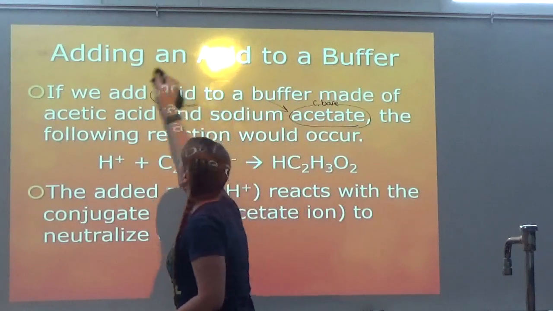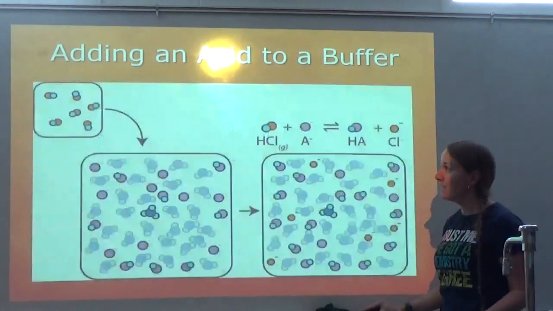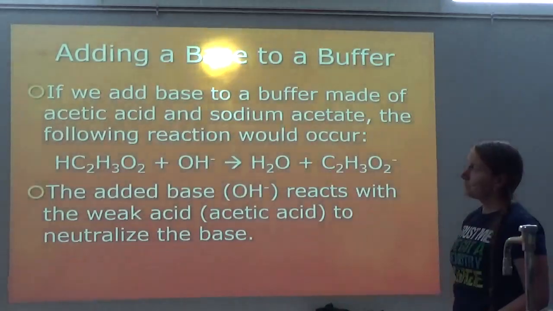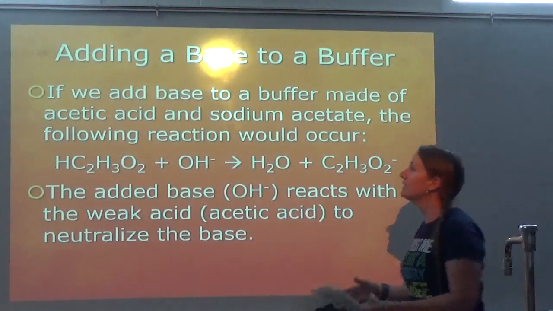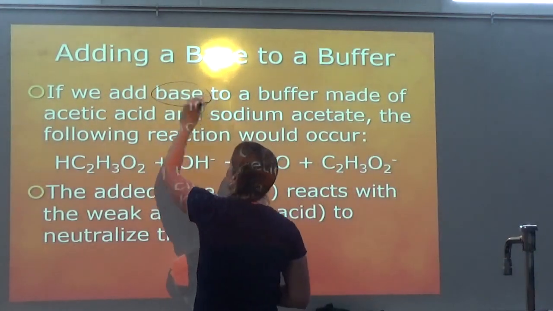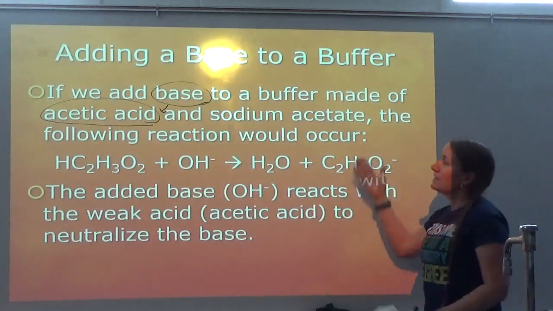On the other hand, if I added a base, that would react with the acetic acid. So if we add a base to a buffer made of acetic acid and sodium acetate, the base will want to react with the acid. And so this would occur.